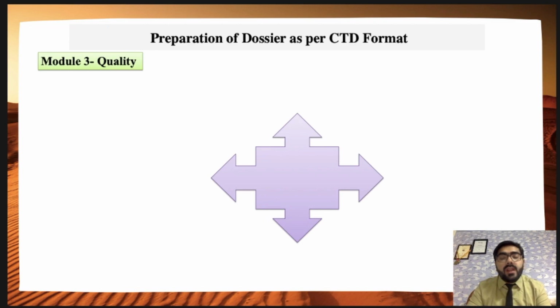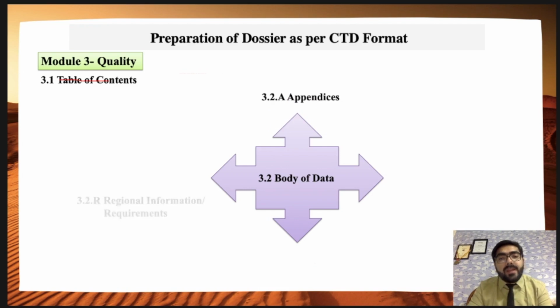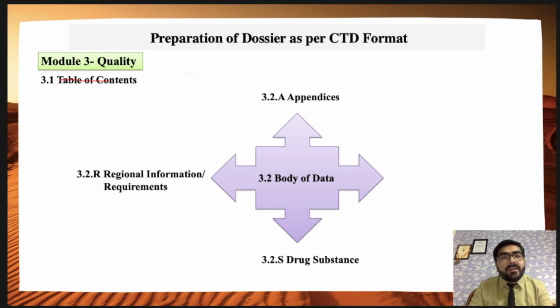Coming to module 3, module 3 basically contains the quality part. Under this quality, we have to mention the table of contents. Then 3.2 is describing the body of data, so it contains four sections: appendices, regional information and requirements, which we also call 32R section, then 32S section, which contains the information about drug substances, and 32P, which contains the information about the drug product.